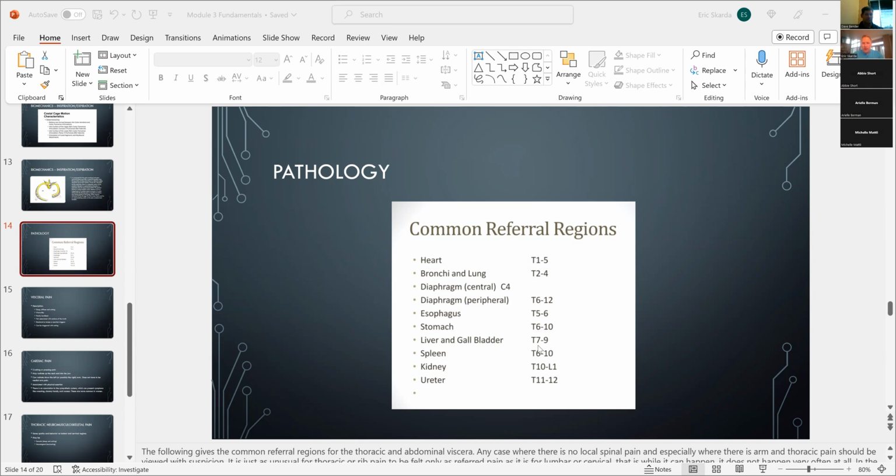So the left side mostly with the spleen, while the liver and gallbladder will be more typically on the right side, depending on the orientation of the gallbladder to the liver. But with an acute inflammation of some of these organs, it can also irritate the diaphragm because of its relative location next to the diaphragm.